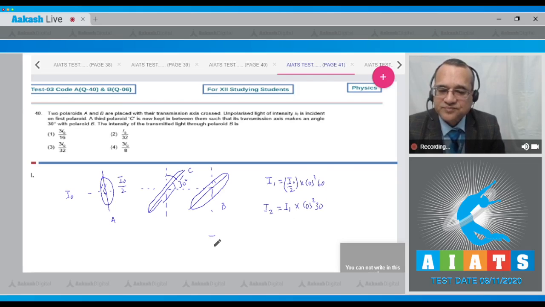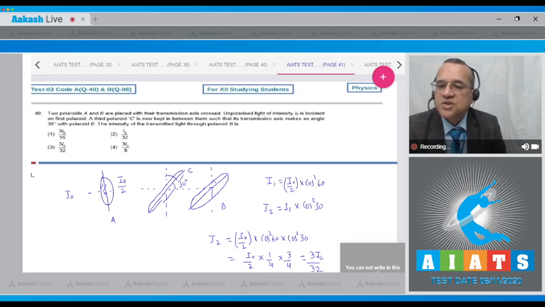Filling in the values, the final intensity will be equal to I naught by 2 into cos square 60 into cos square 30. The value of cos square 60 is 1 by 4, and cos square 30 is 3 by 4. And your answer is 3 I naught by 32. Looking at the options, option number 3 is 3 I naught by 32. Therefore, the correct answer is the third option.